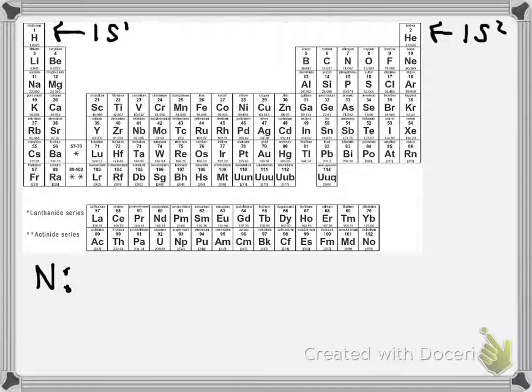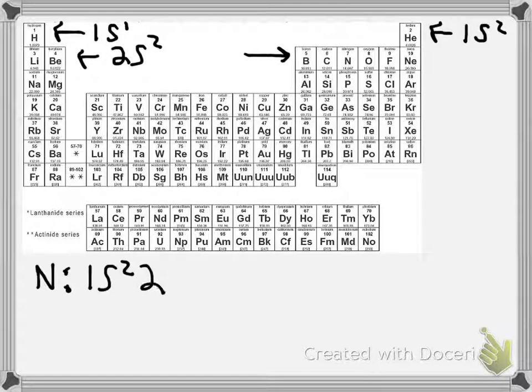So when we go ahead and write this out, the formula, we're going row by row, so we're going to have 1s2. Pretty simple, huh? So we're going to come down to the next row. We can see right here, since this is the second shell, 2s. We're going through both atoms, or both elements, so 2s2. And then we're moving over to here.